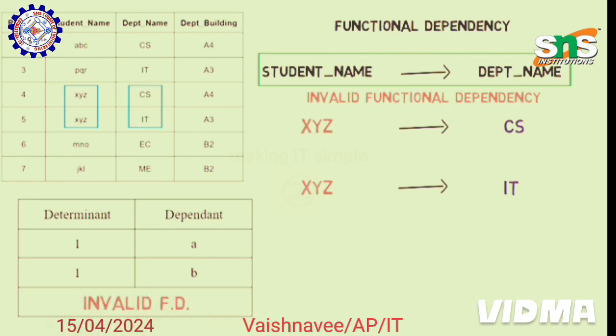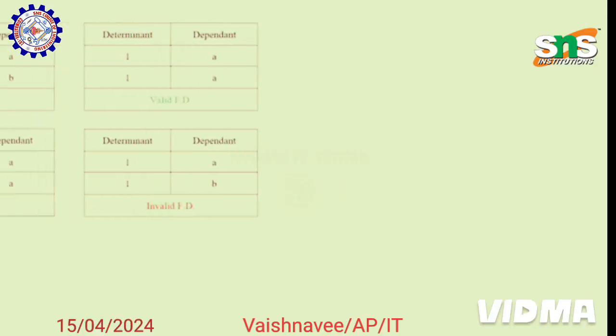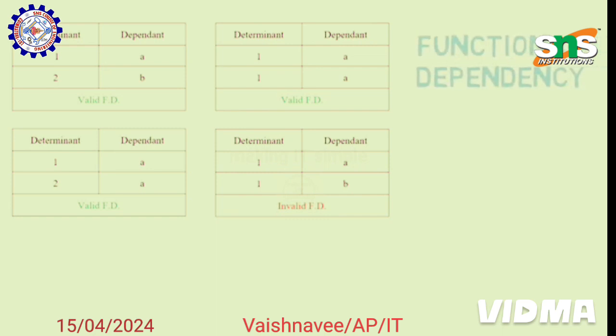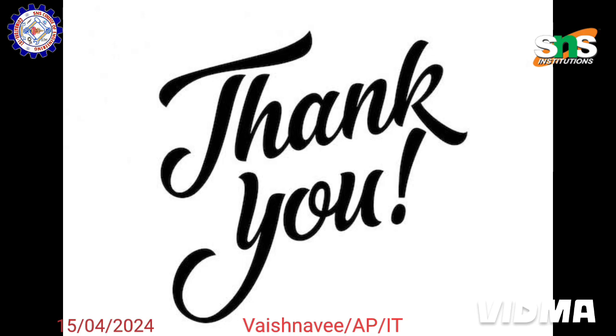One will be CS department and the other will be IT department. We cannot uniquely identify the department name just by using the student name. Therefore, is this functional dependency a valid one or an invalid one? In a case where there are two same determinants and they have different corresponding dependents, such a case is an invalid functional dependency.